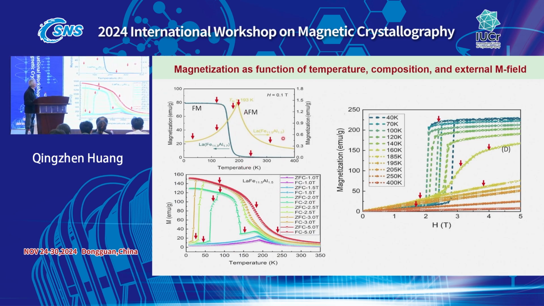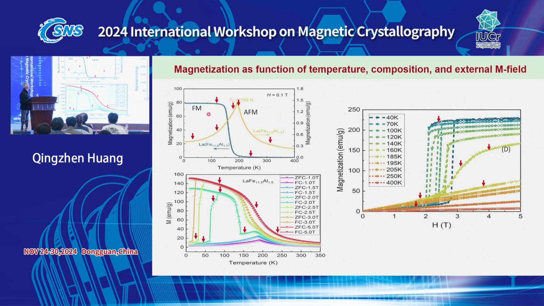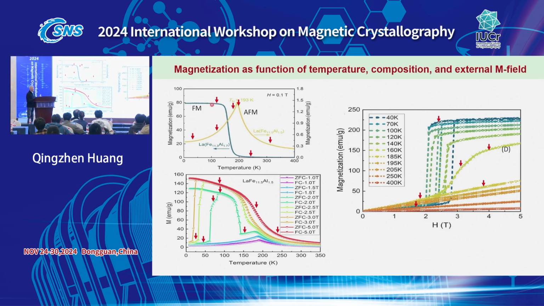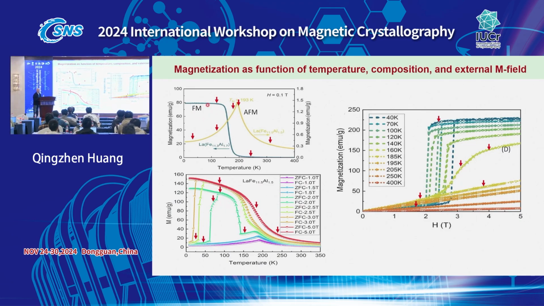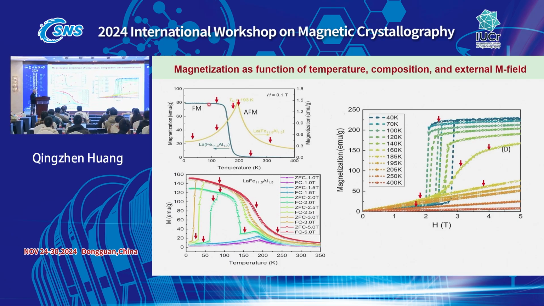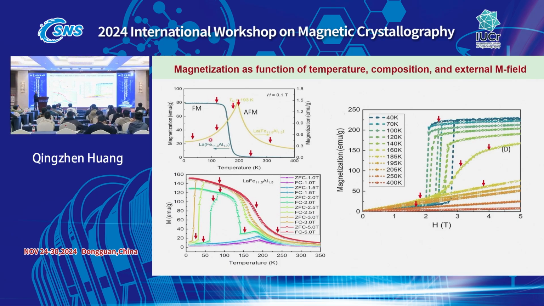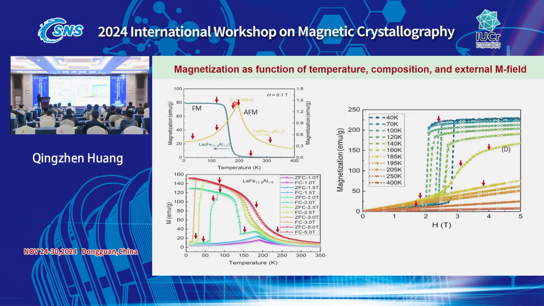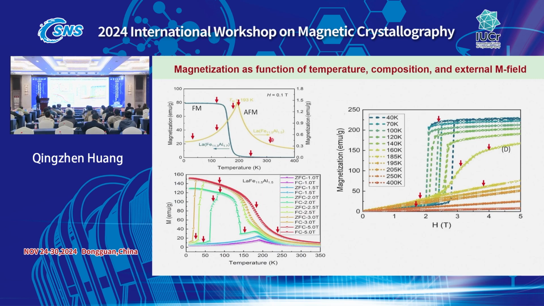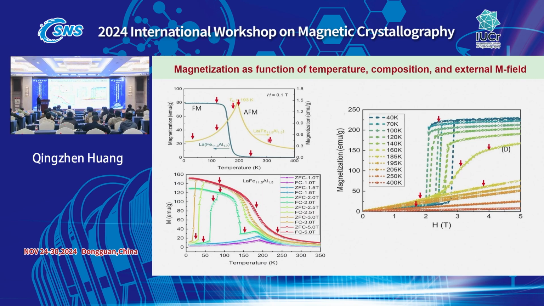The red arrows I point here show at what temperature we need to collect the neutron data. For example, this one maybe has already gone up to paramagnetic. So this is the magnetic transition here.